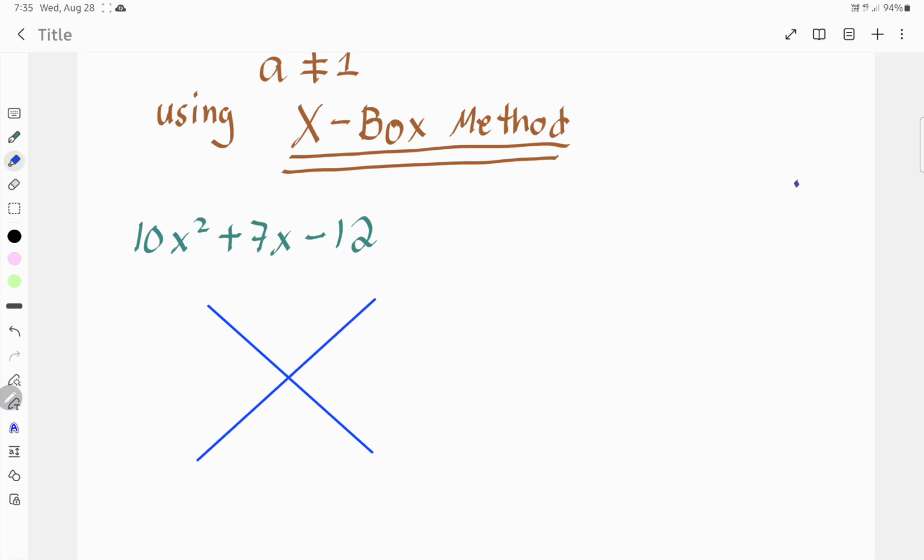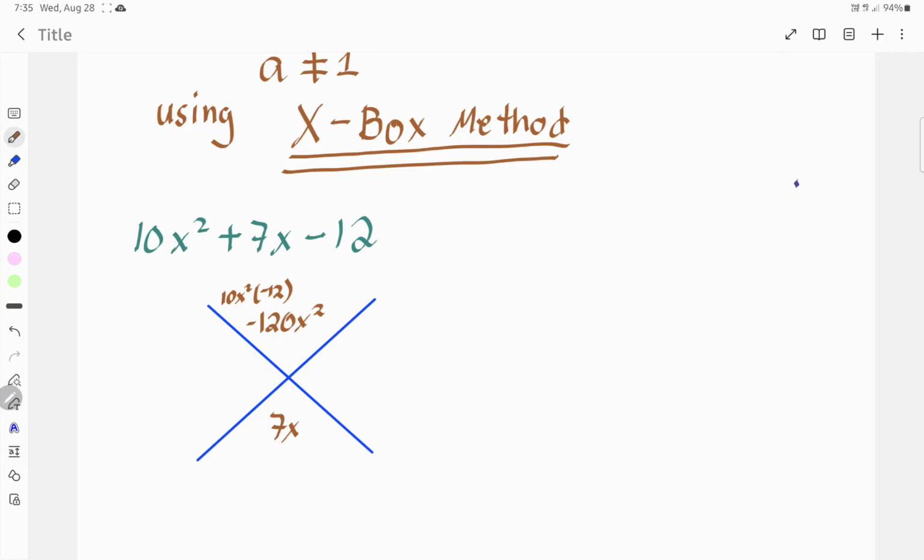In using the X-box method, first thing to do is put in the upper area the product of the first term, which is 10x squared, times the last term, which is negative 12. So the answer is negative 120x squared. After that, you get the middle term of the trinomial, which is 7x.